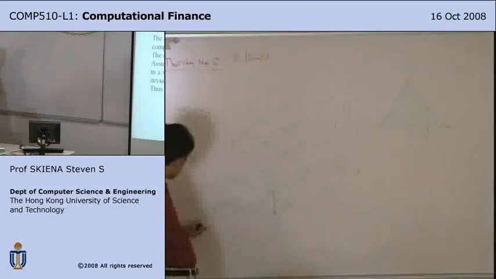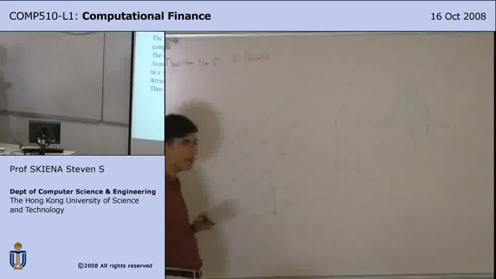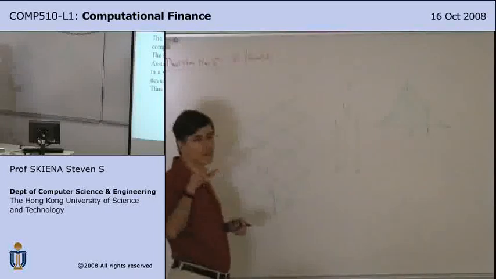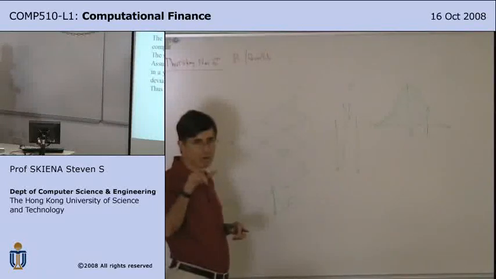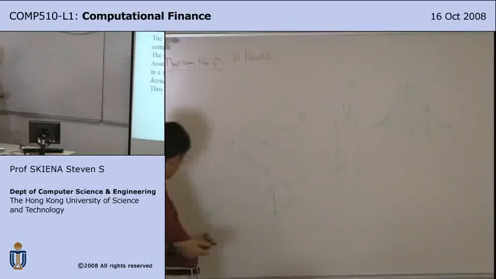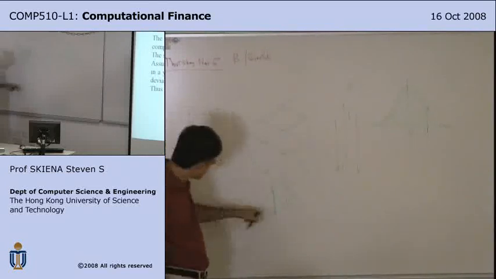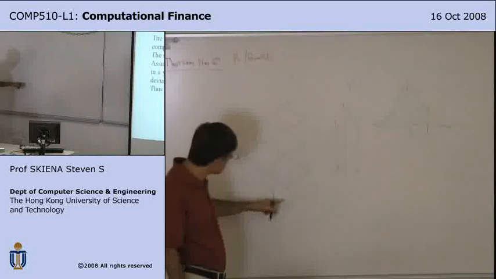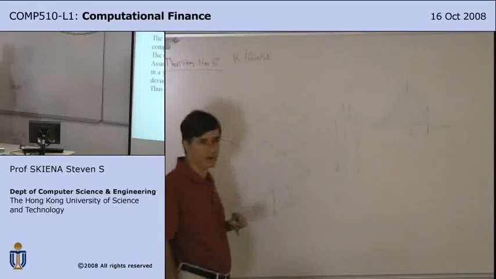If you played this game for 1 day, how much difference is there going to be between heads and tails? 1. Okay, so for 1, there's a big deviation relative to the number of days you've done. As n increases, the deviation grows as the square root of n.